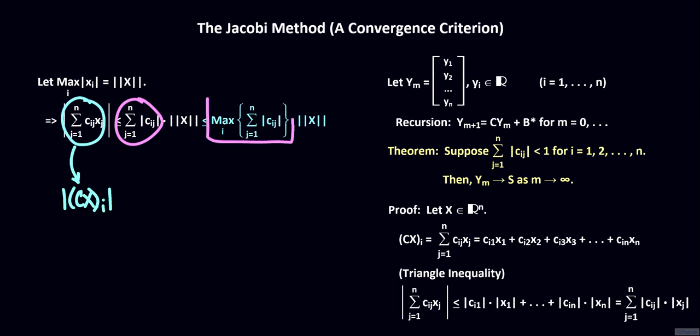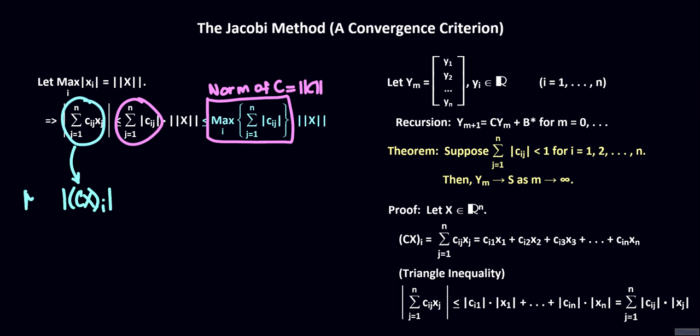This maximum sum of absolute values is called the norm of the matrix C. It is also referred to as the norm induced by the infinity norm of the vector x. We denote the norm of C using the same notation for the norm of x, taking care to remember how we are defining the norm of a matrix versus the norm of a vector.